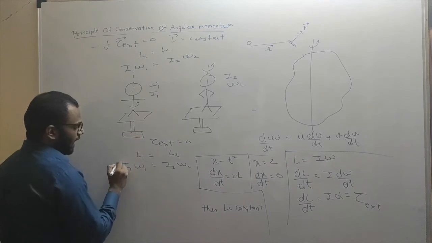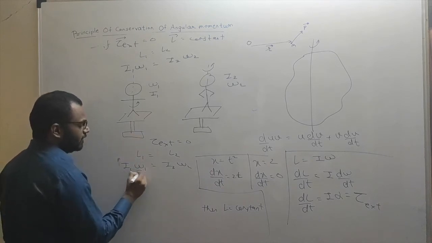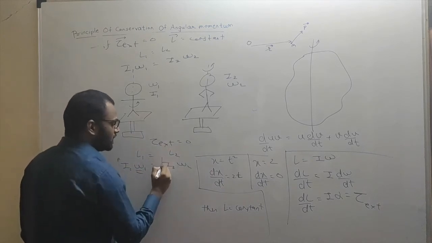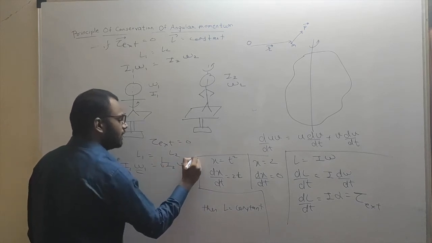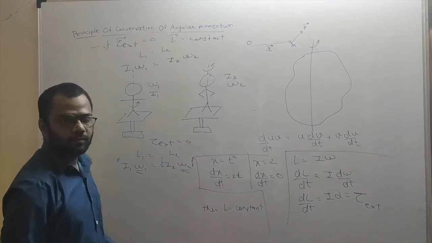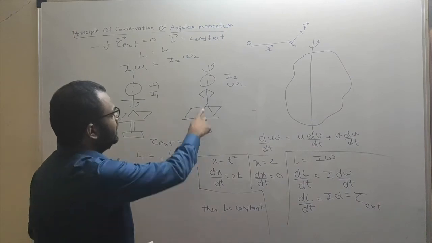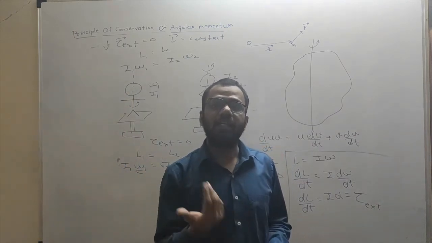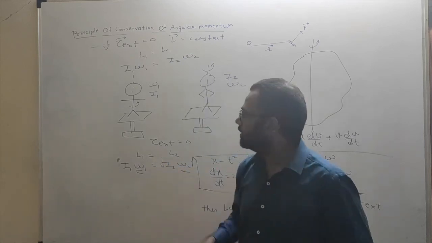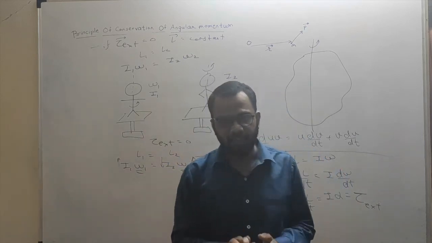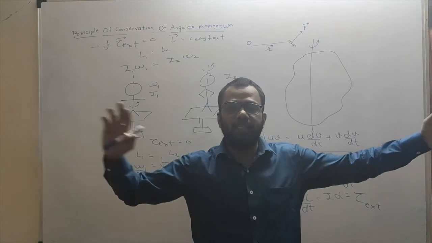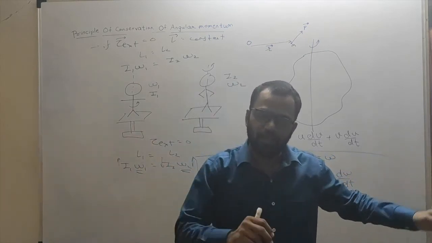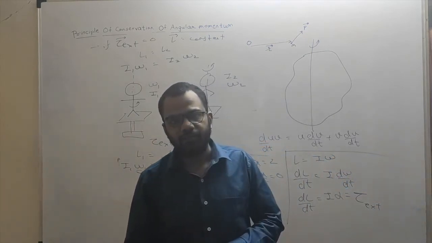Now over here I was greater, there is a certain omega. Over here I was lesser, so omega will be greater. Okay? So in this position he will rotate with a greater angular velocity compared to this position. And once again when he outstretches his arms, his I will increase and omega will decrease.